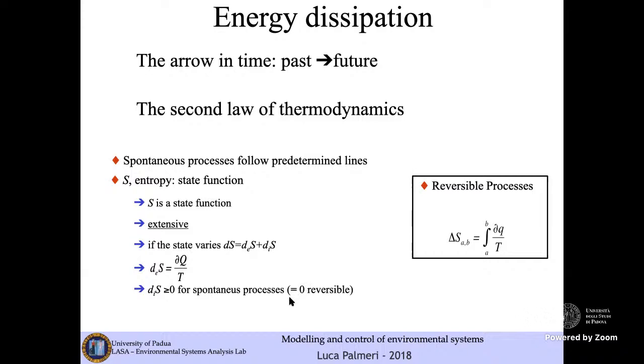In particular, in the case of reversible processes, so processes for which the variation of entropy due to internal processes is zero, we may write that entropy is an exact differential as well, a state function, and we may write this integral. We may be able to calculate this integral, summing the heat exchange divided by the temperature at which this exchange takes place, going from state A to state B.